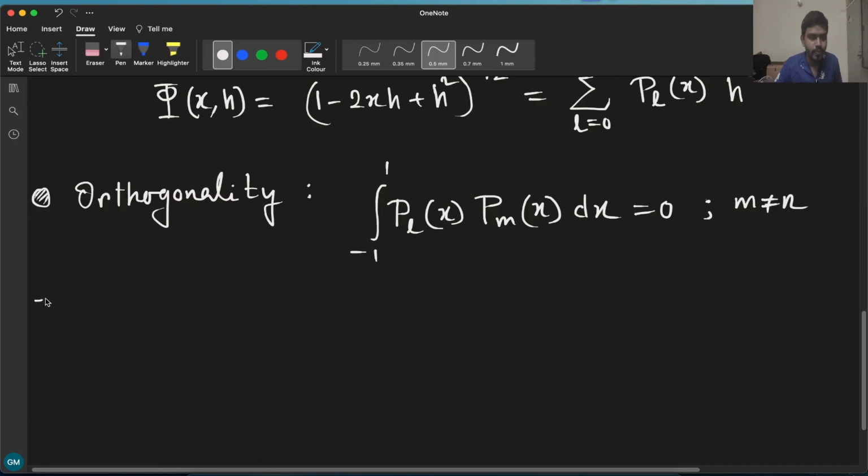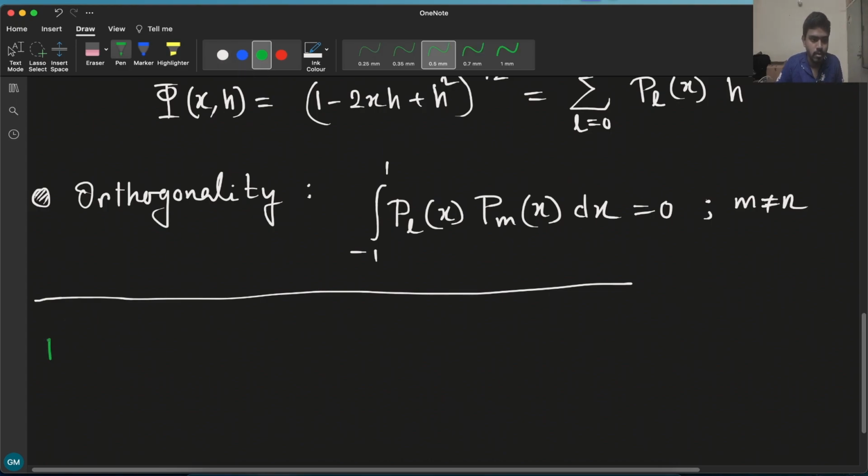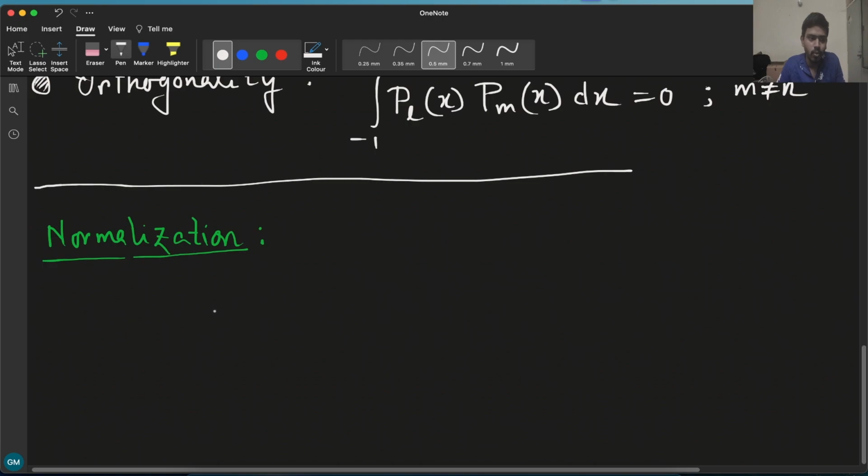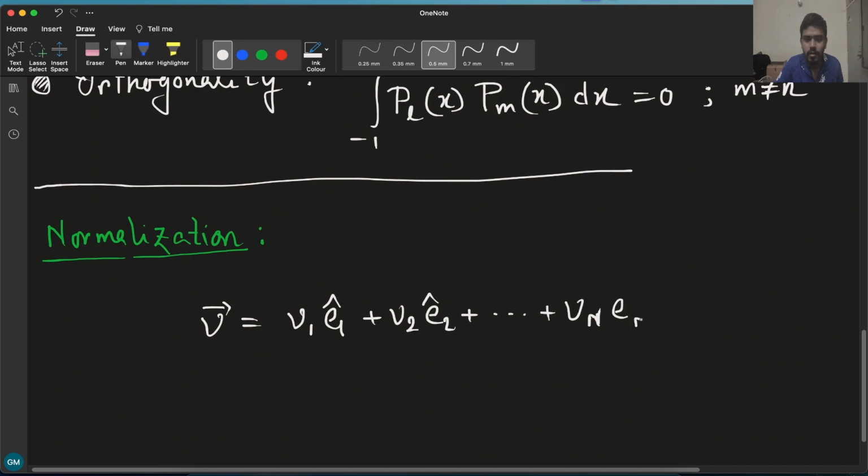So today I will talk about normalization. Normalization means, let's say we are given an n-dimensional Cartesian vector, v equals v1 e1 hat plus v2 e2 hat plus dot dot dot plus vn en hat.